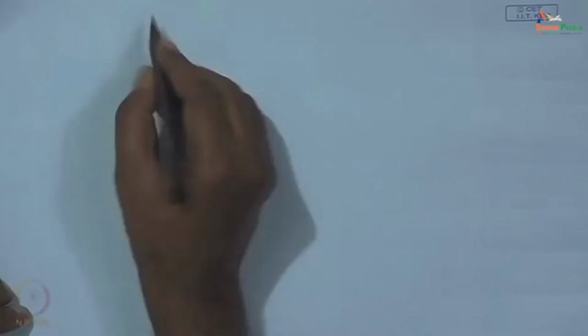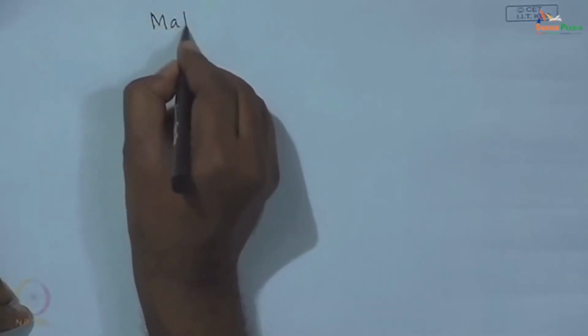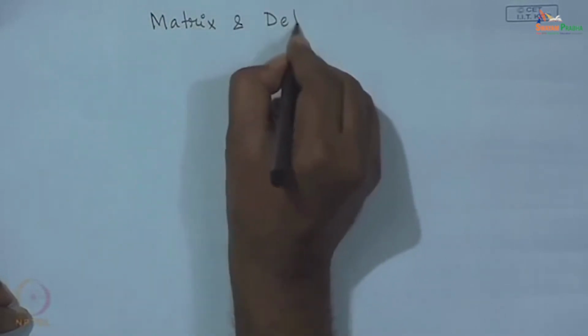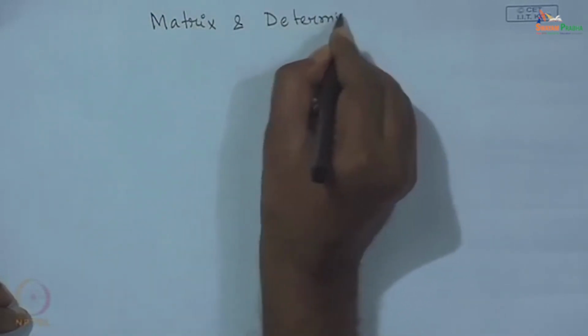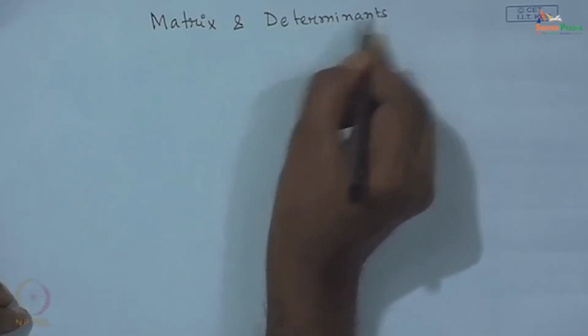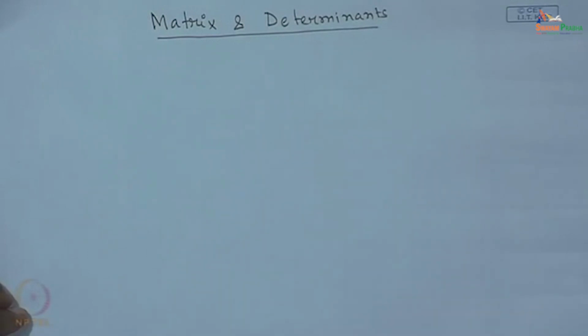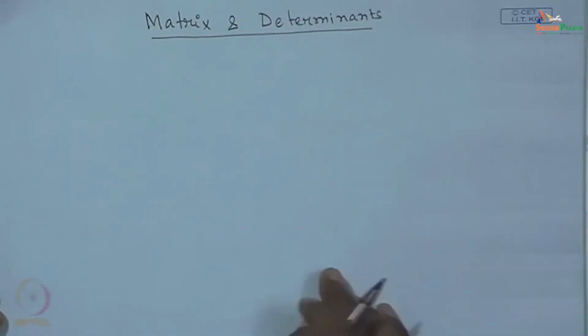Next, we go to the next topic, that is matrices and determinants. Again we will be discussing some of the important properties, and they are extremely important as far as chemical engineering problems are concerned.